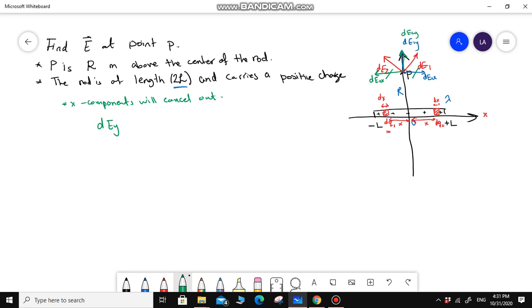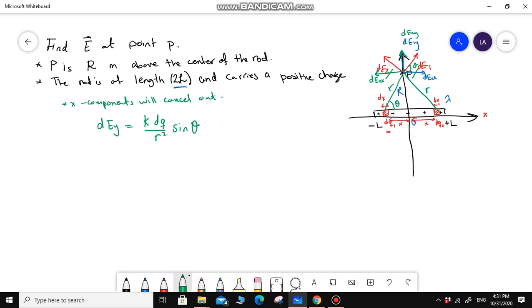So dEy will be equal to k dq over the distance, this distance, let me name it small r, distance between the point and the charge, so r squared, sine theta. Sine this angle, which is also this angle here.